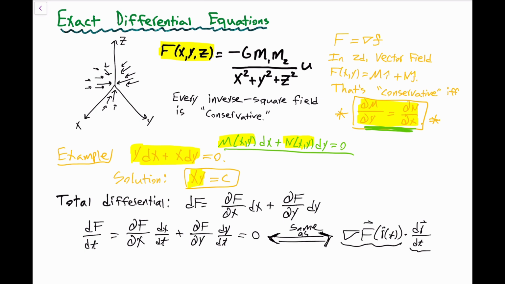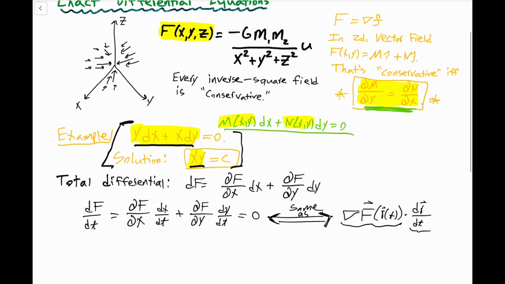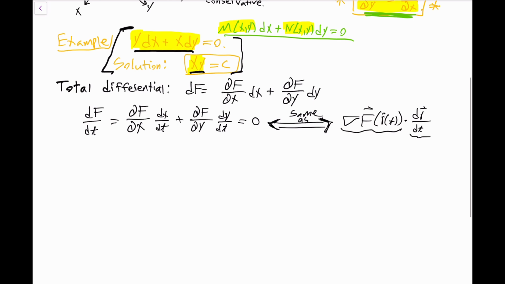But let's work with this. So let's first verify that xy, if we take the total differential, we will get this y dx plus x dy. So let's first do that. And just to review, of course, the product rule is just u v prime plus v u prime.